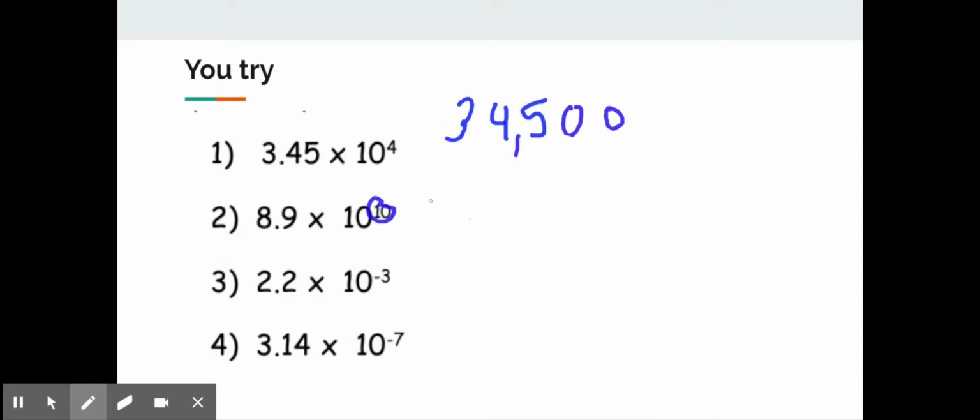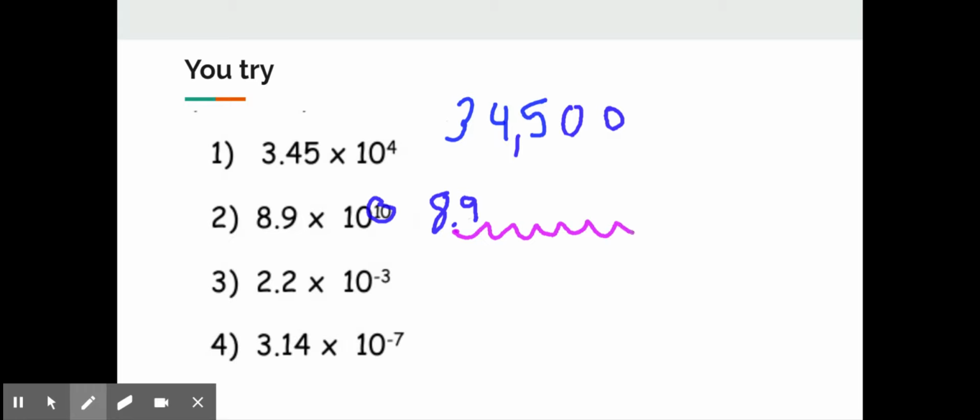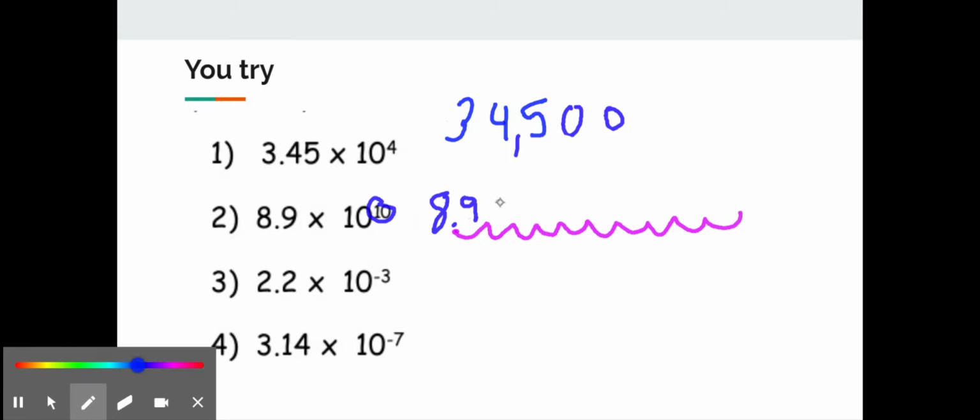Number 2, we want to move that decimal to the right because it's positive, to the right 10 times. So this is going to be a really big number, and that's the whole point of scientific notation, is that we're working with really big numbers. So we're going to move it to the right 1, 2, 3, 4, 5, 6, 7, 8, 9, 10. Ooh, we've got a lot of zeros we need to include here.